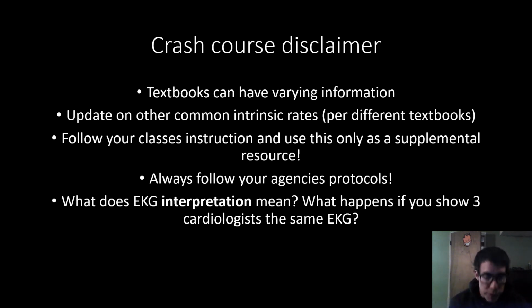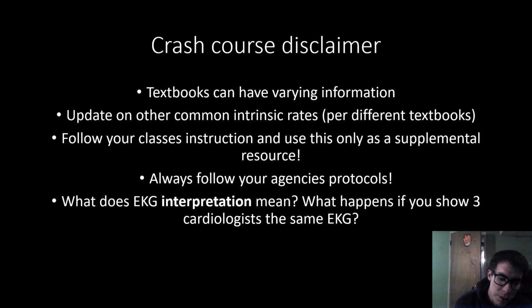So along with the first thing I said, intrinsic rates, I've read a couple of different books that say different things. So I looked up intrinsic rates and tried to find what the most consistent numbers were. The ones I found were: the SA node has an intrinsic rate of 60 to 100. The atria are 60 to 80.